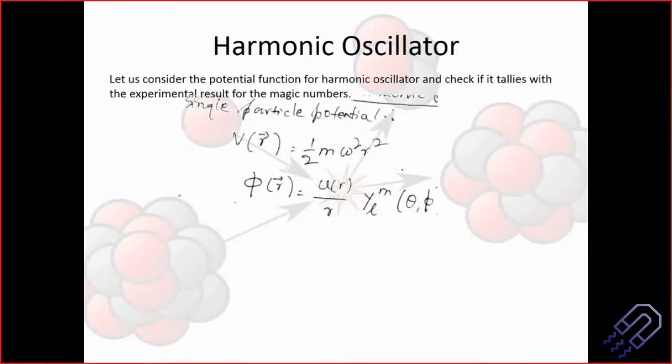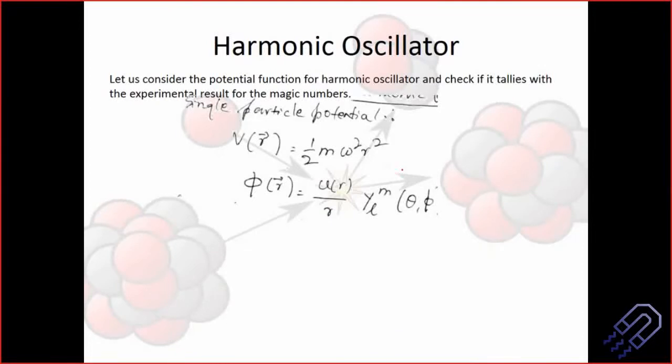So that is the potential associated with the harmonic oscillator, and then the wave function will have a similar form, and the result for energy which we can derive from the wave function will depend on what kind of potential we have considered. Okay, the wave function is a very general statement, right?